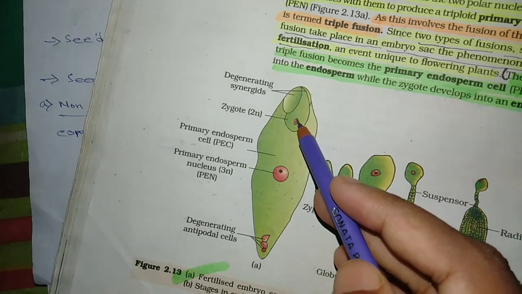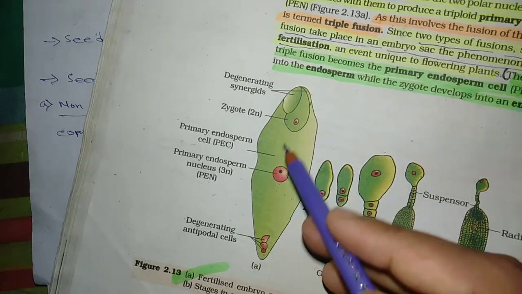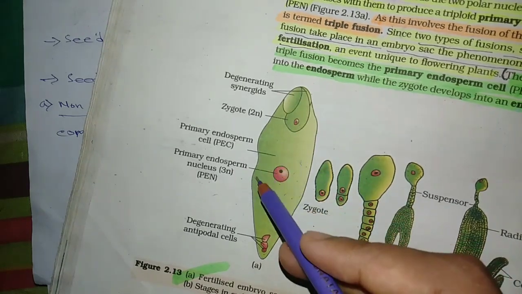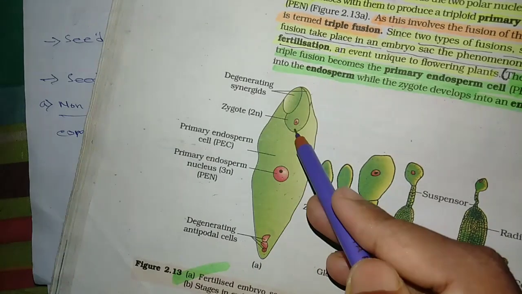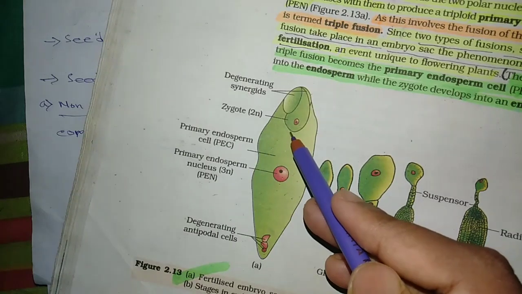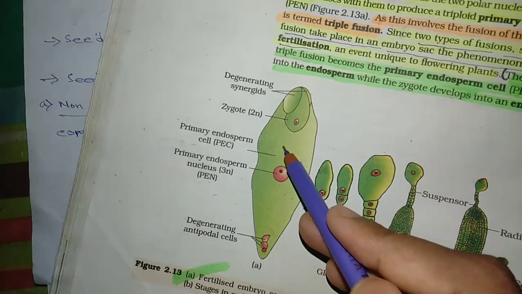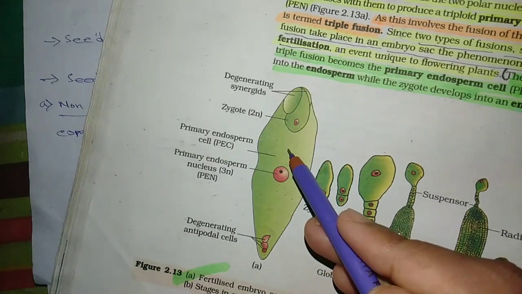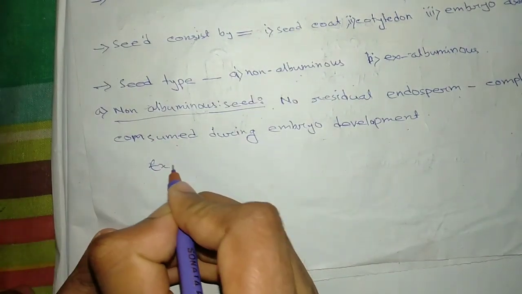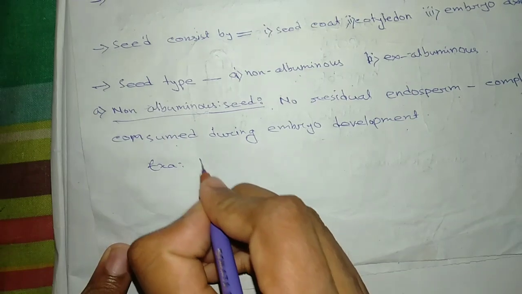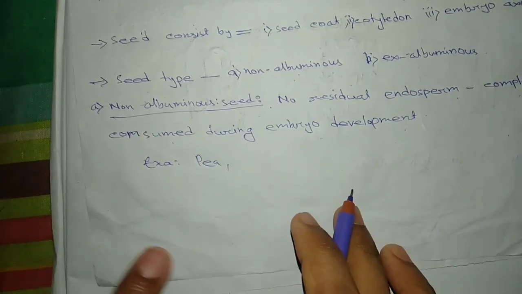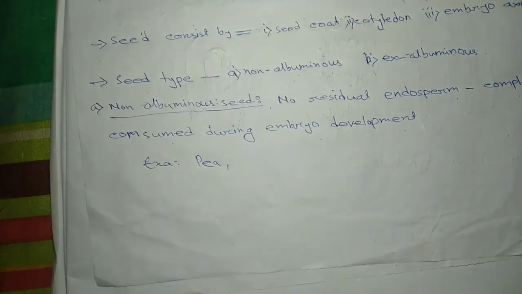For the development of the zygote, it gets nutrient from endosperm cells. Examples of non-albuminous seeds: pea, groundnut.